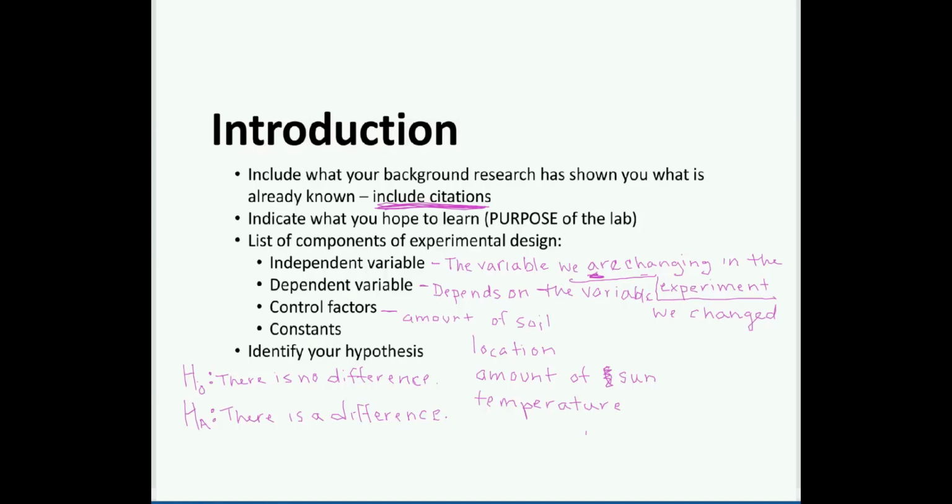Because you need those statistics to tell you if it's statistically significant or not. Okay, so for this one, you need statistics. So we don't use this that often, especially in biology, because we don't require you to know about statistics. Okay, so I'm going to write require statistics here.